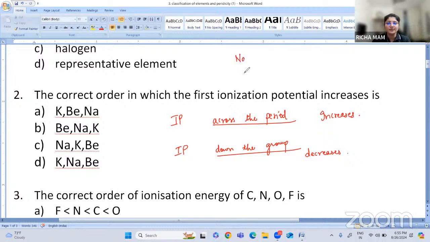First comes your sodium, then comes your potassium. Then where is your beryllium? Let me write here. So hydrogen, lithium, then comes your beryllium, then your sodium, then your magnesium, then your potassium. Is anything left? No. Now, can you tell me, applying this, how the ionization potential increases?